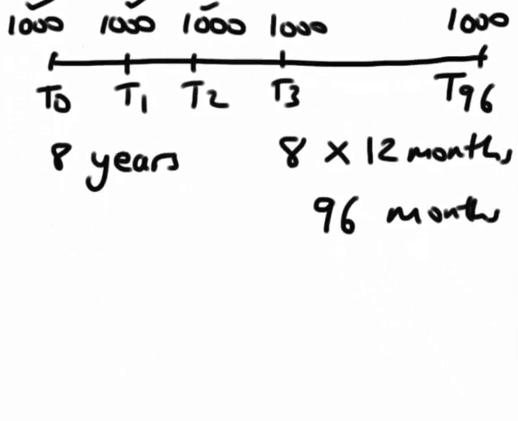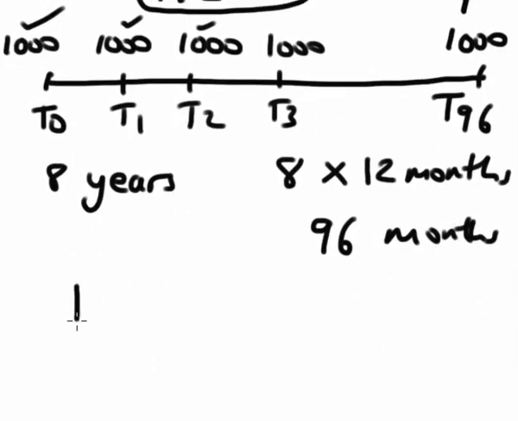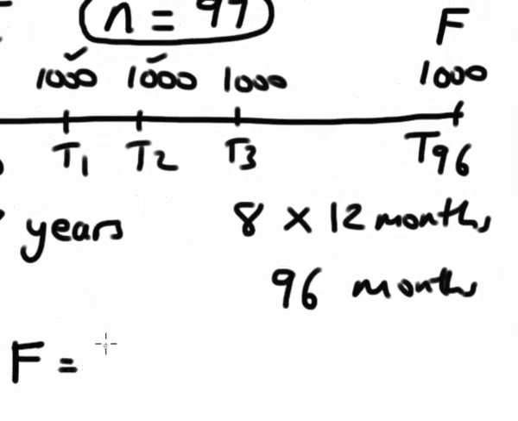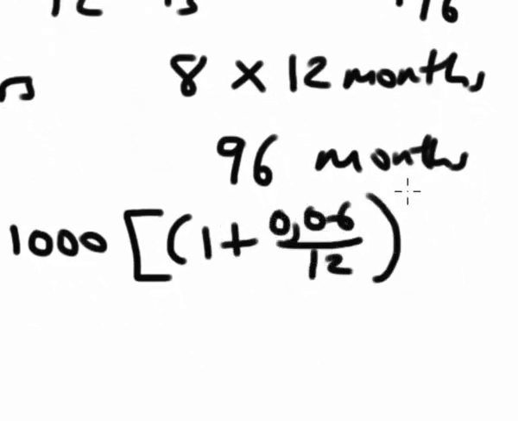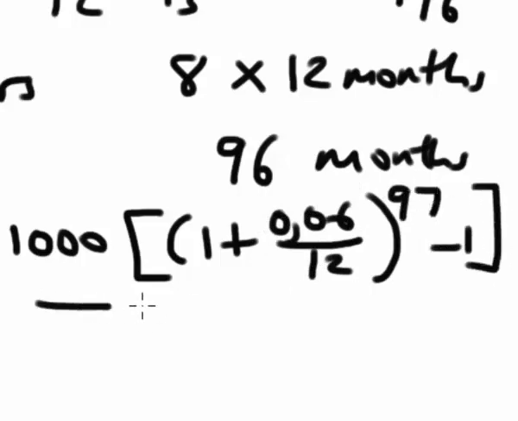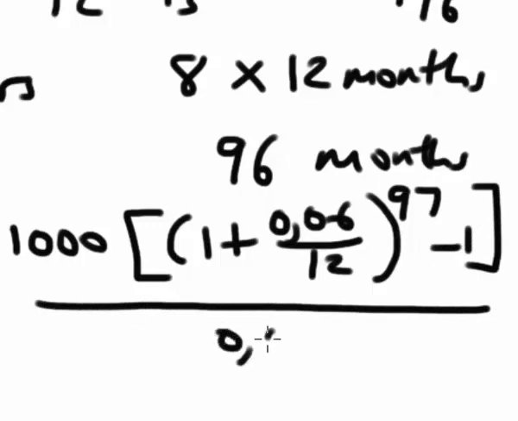So important, people, the number of payments. So let's see how much money we've made. If we use our future value formula, we start off with the equal payment, 1,000, into the interest rate's the same as last time, 1 plus 0,06 over 12, but now there's 97 payments. Look at this, divided by the interest rate.